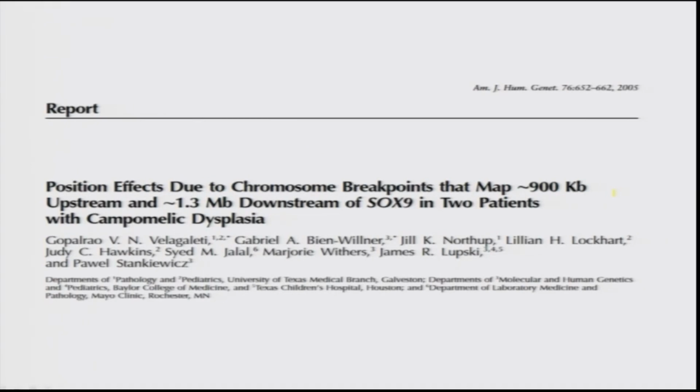So, this gene SOX9 is involved in 2 different pathways. One, of course, it is involved in the bone formation, cartilage formation. So, it is very important for the bone to form, but this gene also is involved in the formation and function of testis. So, in other words, in male it has 2 functions, for the testis formation and in the bone.